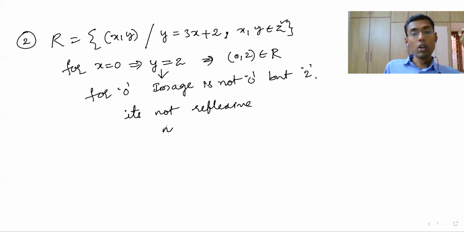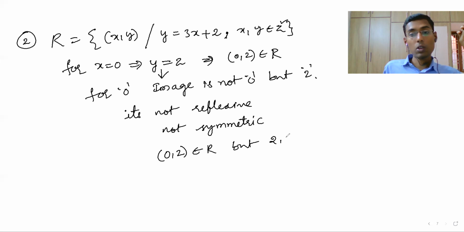Not symmetric also. You know why not symmetric? It is transitive. 0 comma 2 is there, but 2 comma 0 is not there.